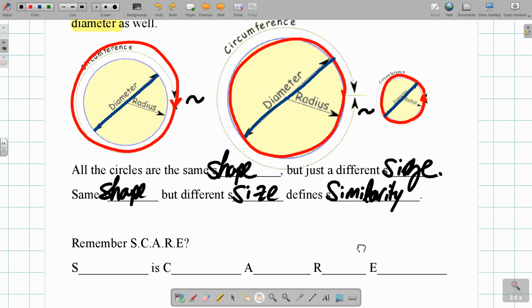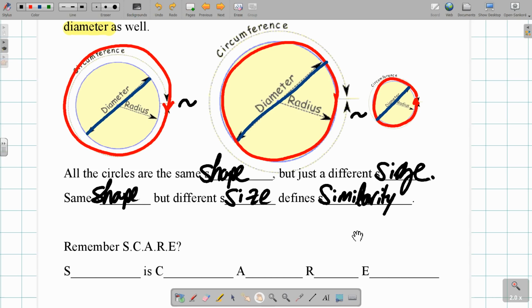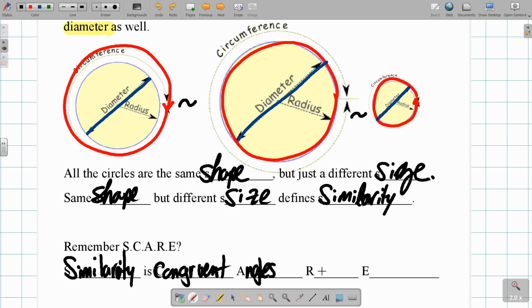Now, when things are similar, they have these properties. Similarity means congruent angles and equal ratios. This is what we're going to focus on today.